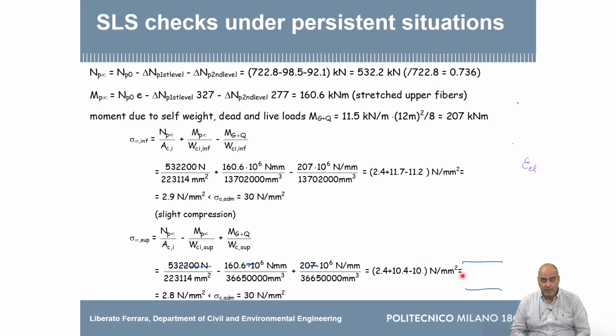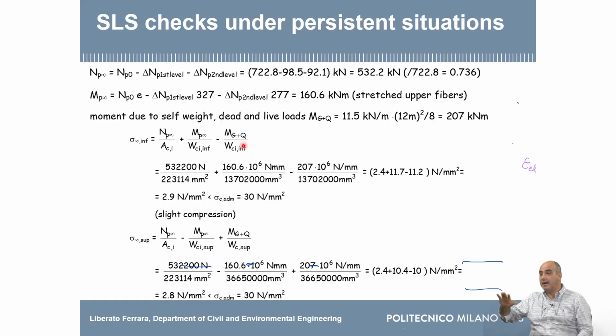At this point, you simply redo all your checks that we have seen before, but you put the true number of NP0 here. It is no longer 0.7 NP0, it is what you have calculated here after the losses. And your moment here will be the moment due to the self-weight plus the topping plus the waterproofing plus the snow load. So it includes everything.